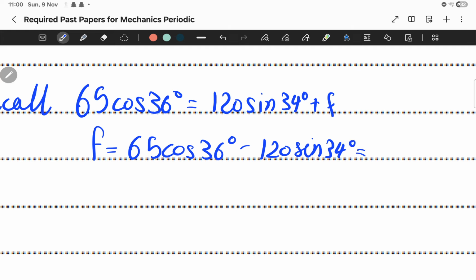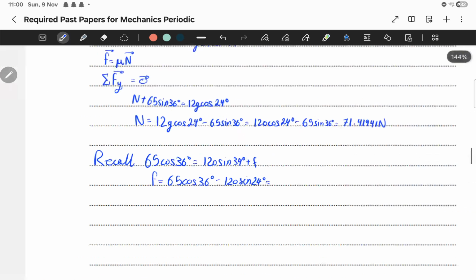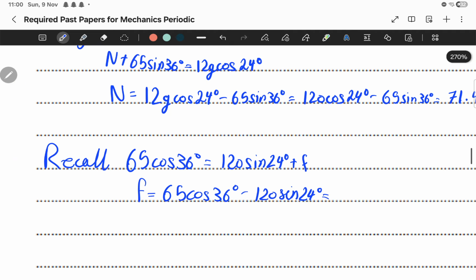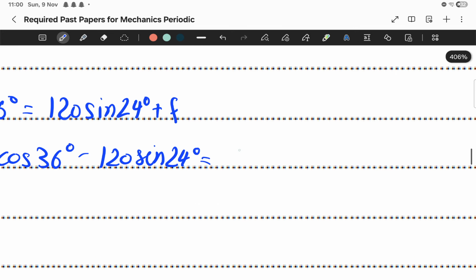So this equals, very quickly, 65 cosine 36 minus 120 sine, how much? 34. Wait, why did I say 34? It's 24. Oh my god. Yeah, I also did this problem again. Okay, it's 24. This is 24. Gives you 3.777 newtons.